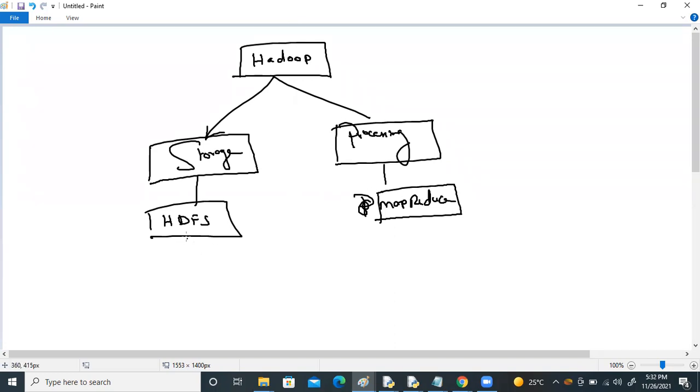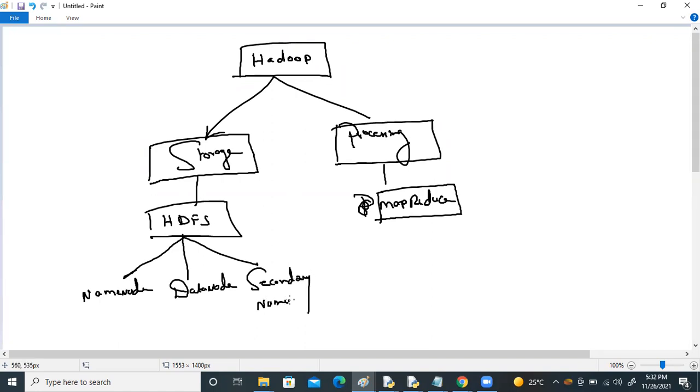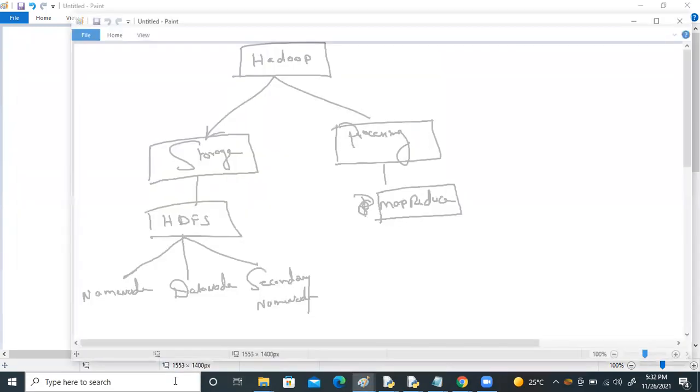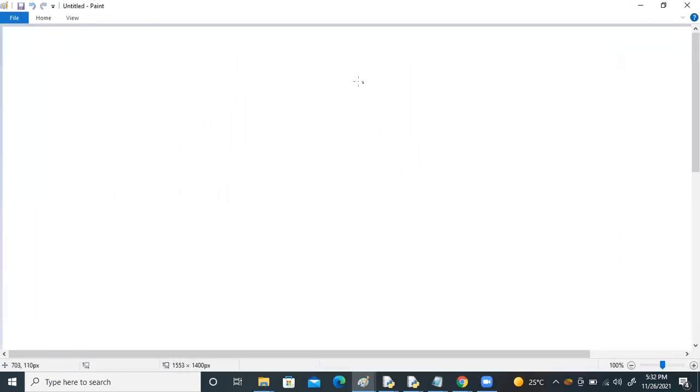For storage we see three things: name node, data node, and secondary name node. Yesterday I was discussing replication and fault tolerance in a single master and multiple slaves.